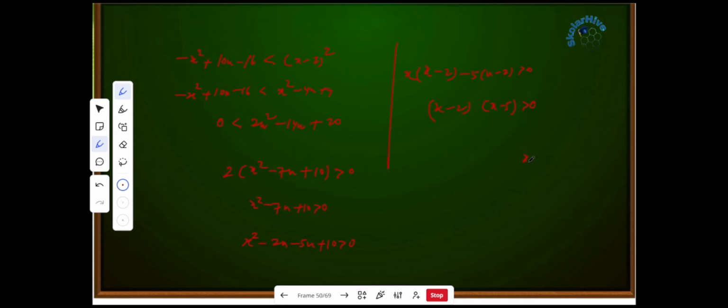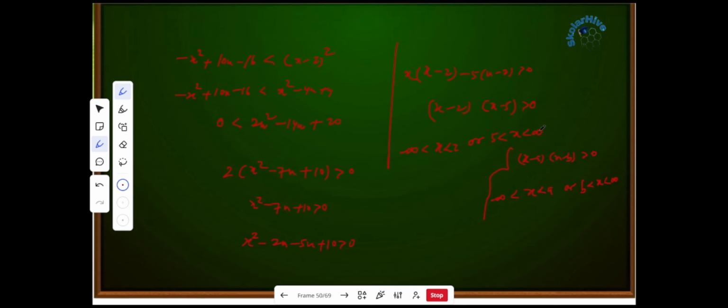Again, recall that x minus a into x minus b greater than 0 means the x value will be from minus infinity to a, or from b to infinity. So directly we can write that x is less than 2, greater than minus infinity, or x is less than infinity but greater than 5.